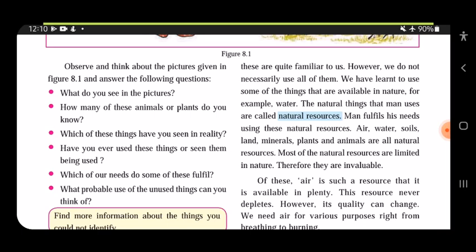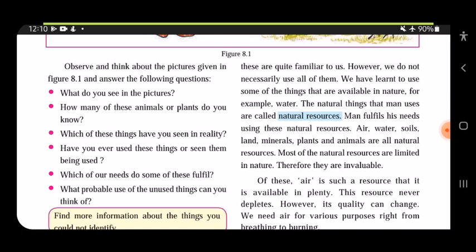The natural things that man uses are called natural resources. Man fulfills his needs using these natural resources. Some resources we use daily, like air, water, soil, land, minerals, plants, and animals. These are all natural resources.